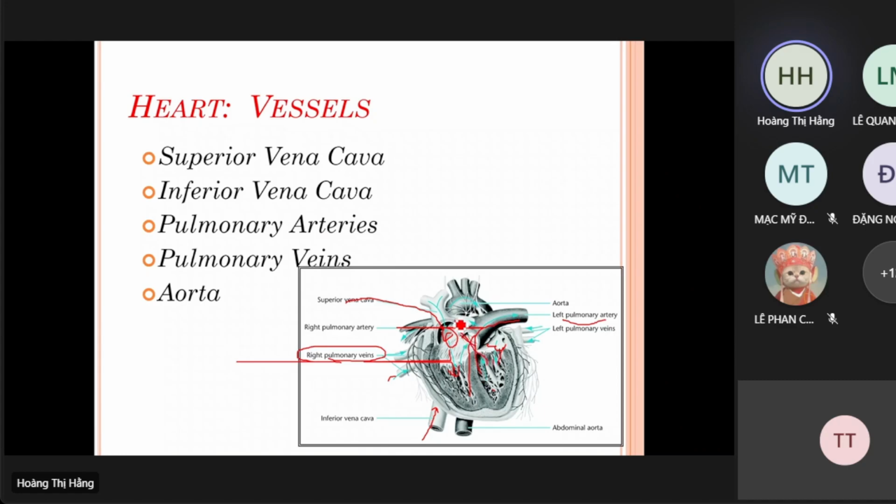Aorta out here. Superior, inferior, oxygen-poor blood. Pulmonary artery, oxygen-poor blood. Pulmonary vein back to the heart, rich in oxygen. Aorta, of course, rich in oxygen.